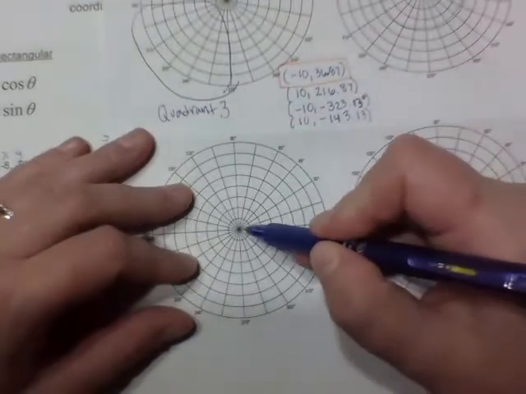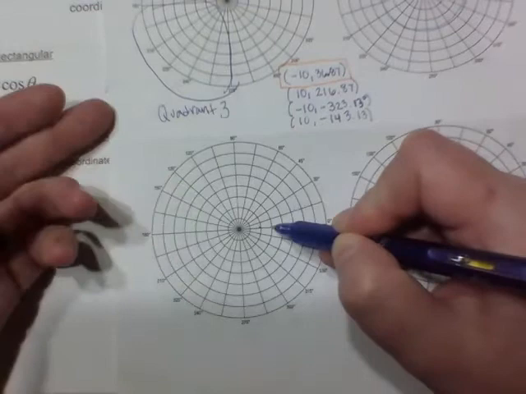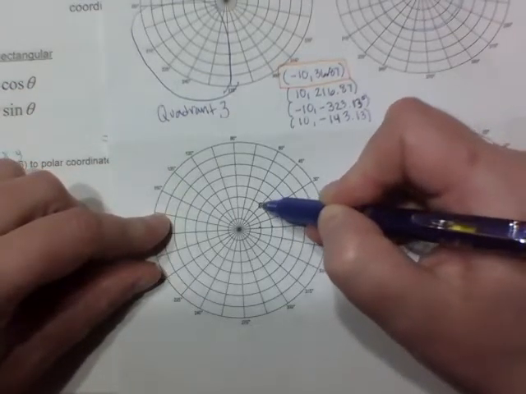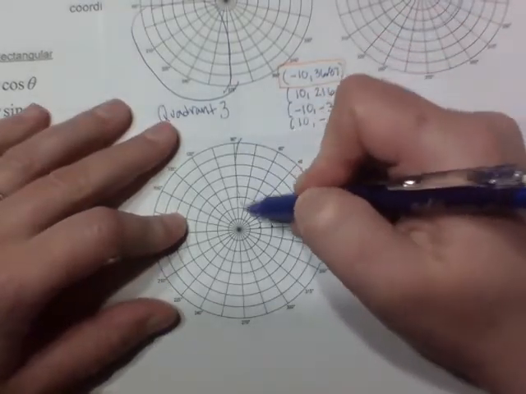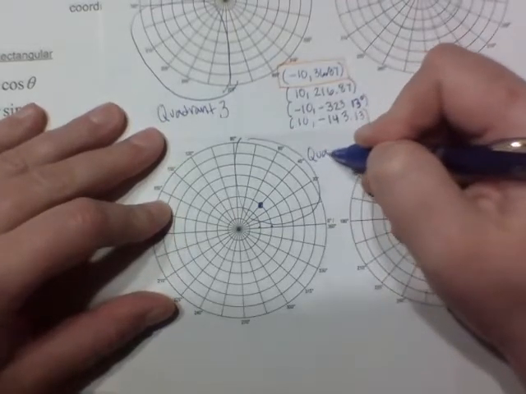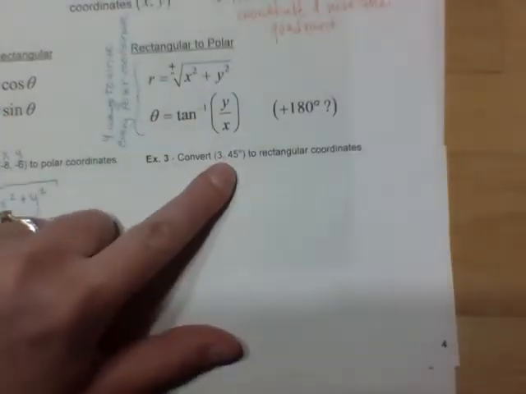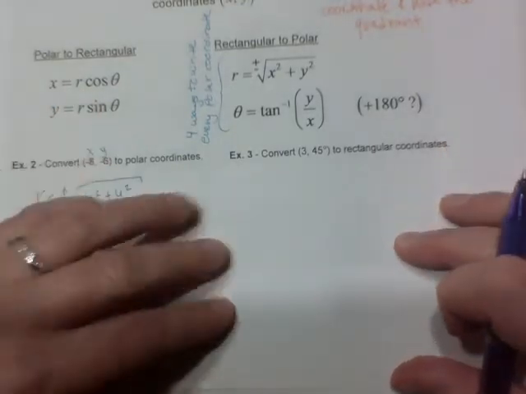we have 3, 45. So if we graph 3, 45, that means positive 3 circles, 1, 2, 3 circles, and then a 45 degree angle from there. So right here, because that's 45. So notice that we are in quadrant 1. Okay, so if we want to stay in quadrant 1 when we're doing these coordinates, we need to make sure that our result is still in quadrant 1.